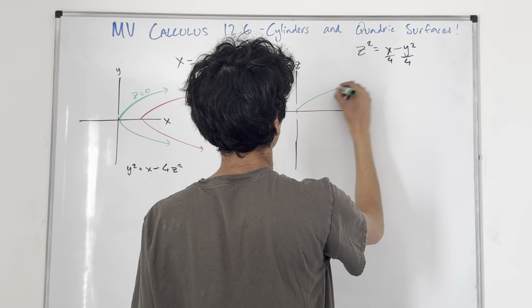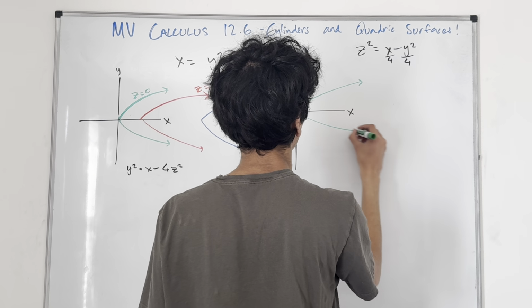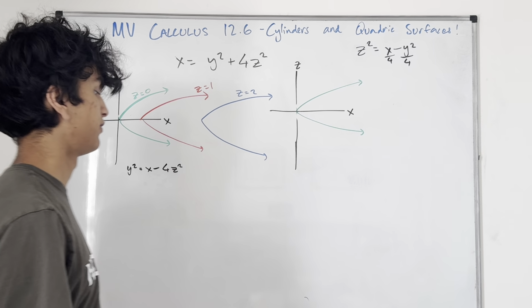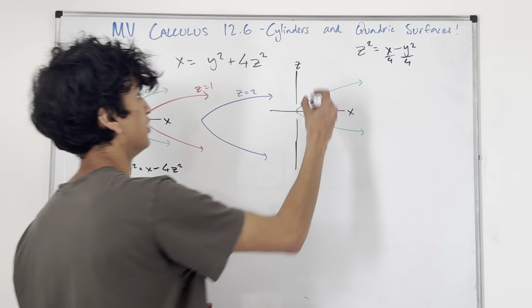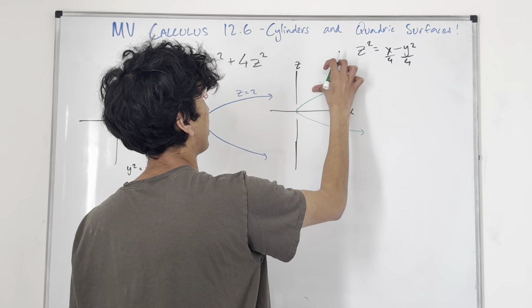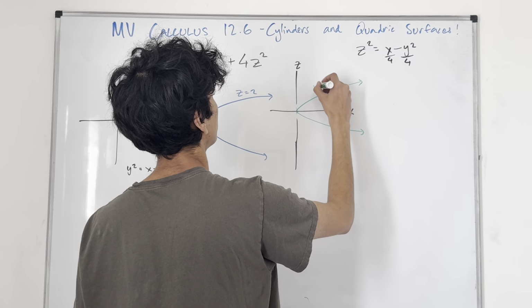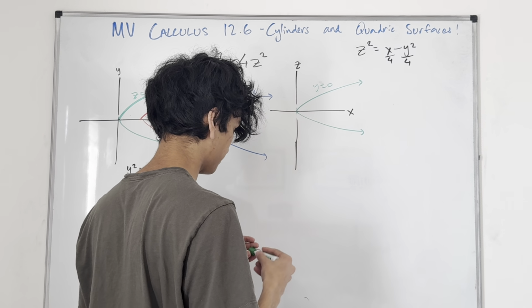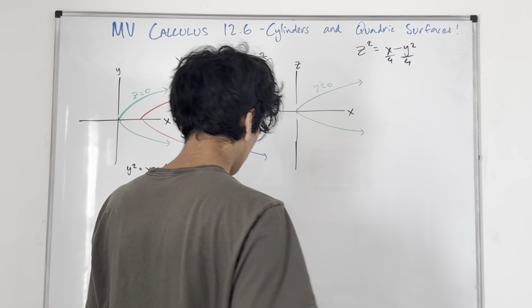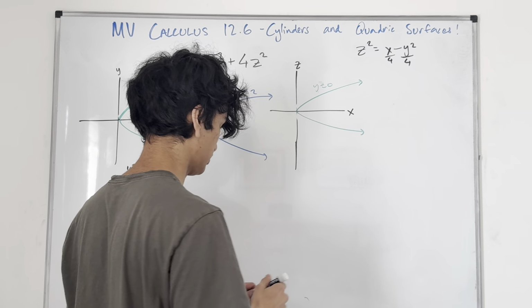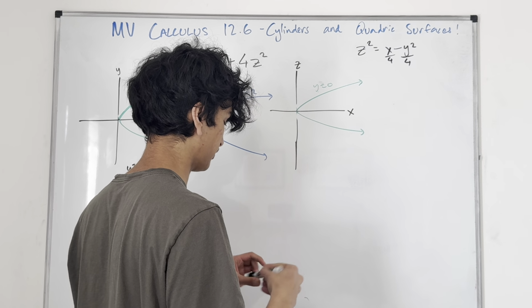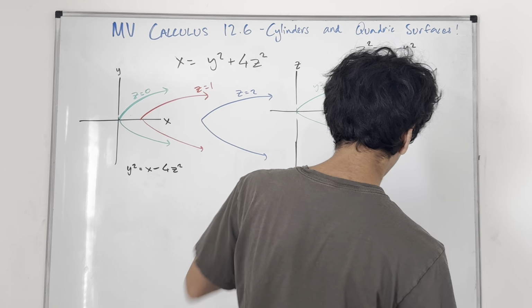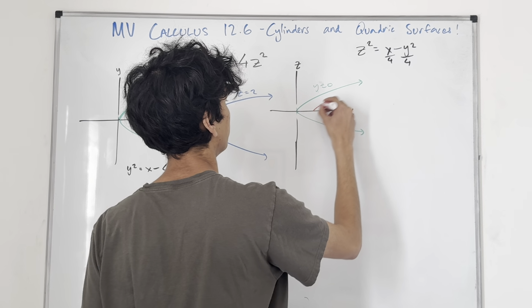But the point is it's just a little bit more stretched, but the key idea is still there. Now this is y equals 0. Let's look now for y equals 1. It's going to be a little bit shifted further.